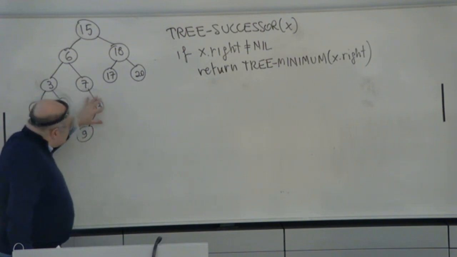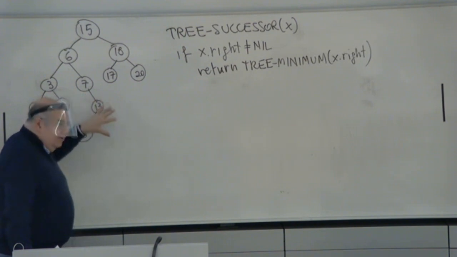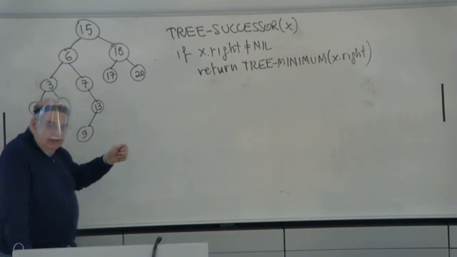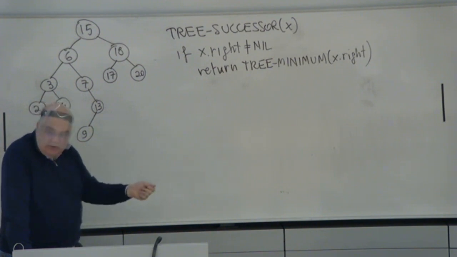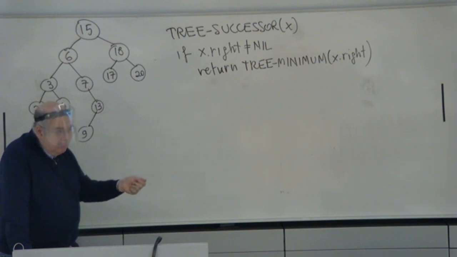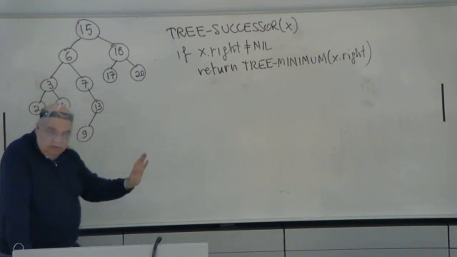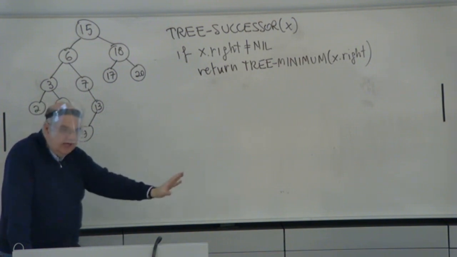So we know there are numbers, descendants of the node, that are greater than the number itself. Since we want to find the successor, it will be the minimum of all the numbers that are to the right. The successor is the next one in the order, and the next ones are collected into the right subtree.